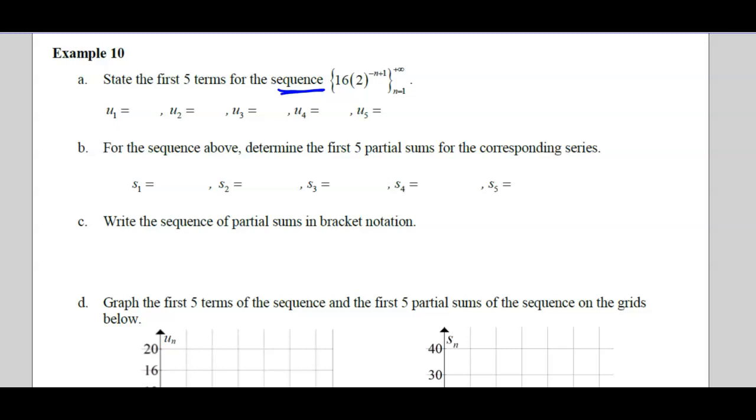Okay, so 1, 2, I don't know why we put positive infinity. It's understood to be positive without that. Yeah, no, we're not doing negative terms.